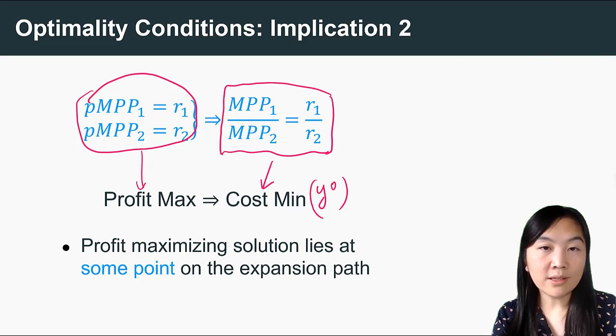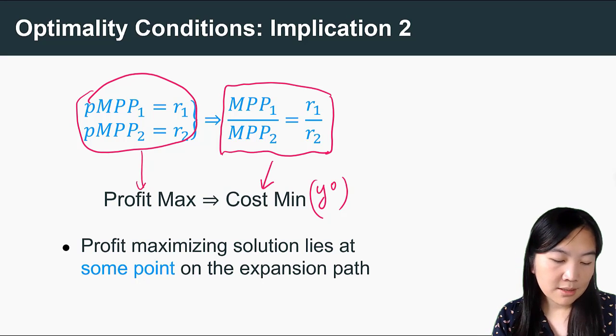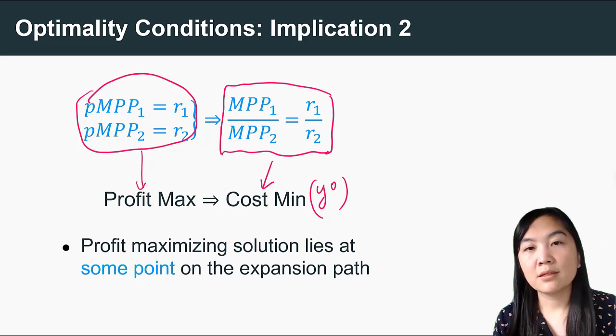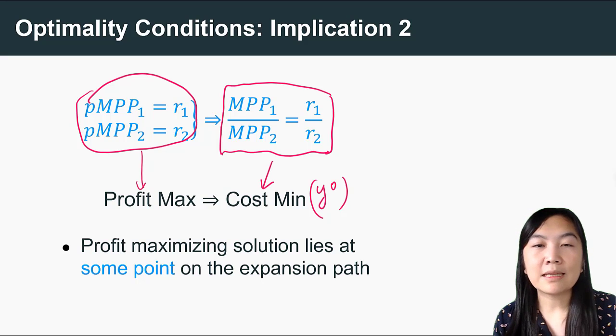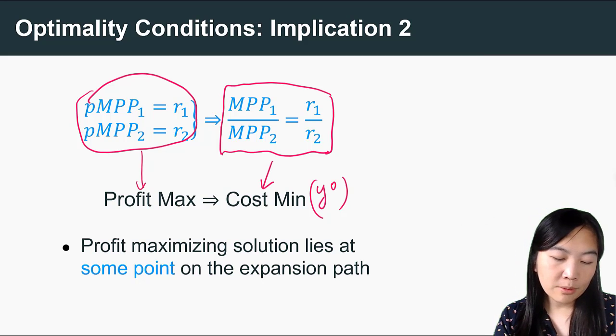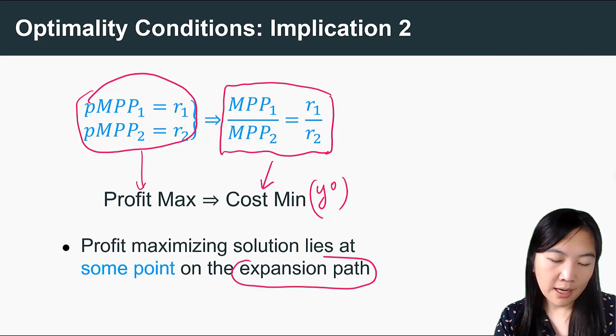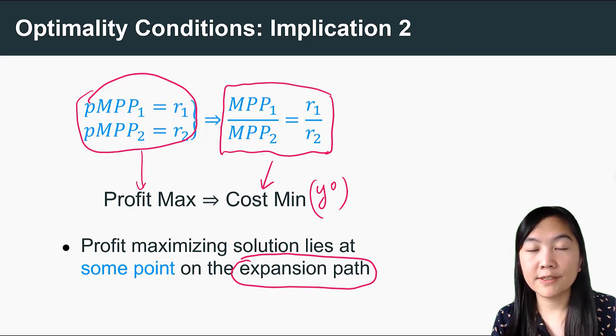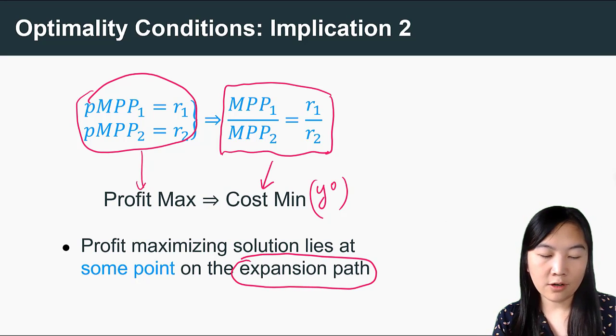So what does this mean? It means that the profit maximization solution lies at some point on the expansion path. And remember, the expansion path is all of the points of cost minimization.